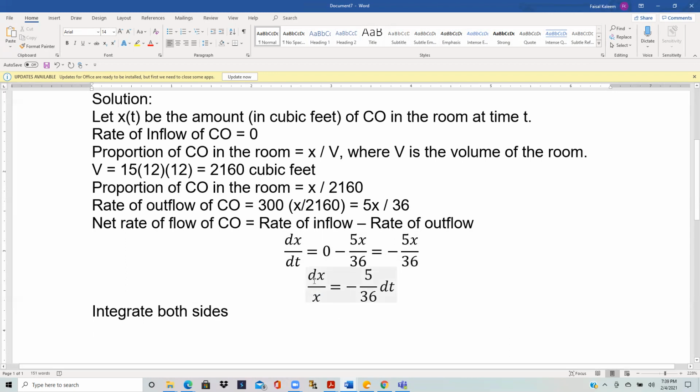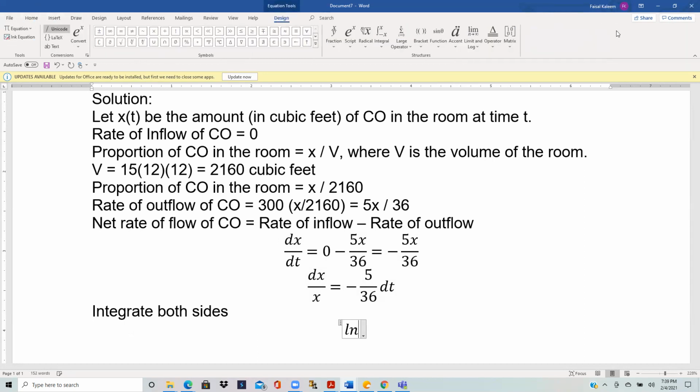The integral of 1 over x dx is ln of absolute x, which equals negative 5 by 36 times t plus C.